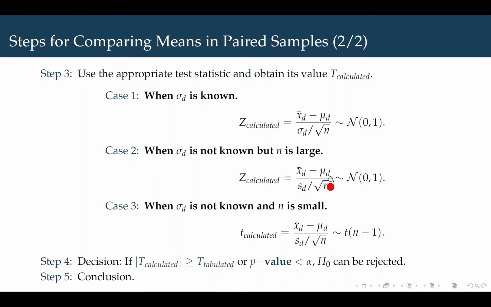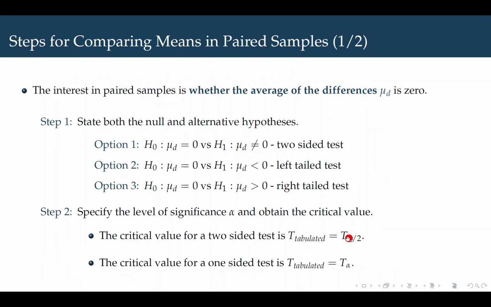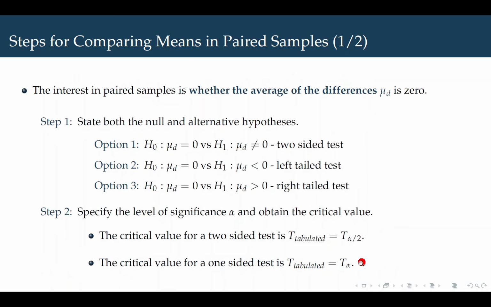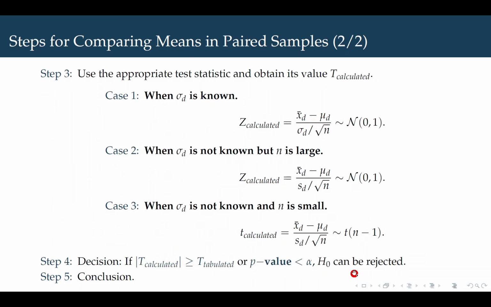Then once we obtain the calculated value of the test statistic and the tabulated value from that of the theoretical statistical distributions, next we need to make a decision, and the decision is based on the comparison of the calculated value of the statistic and the tabulated value.